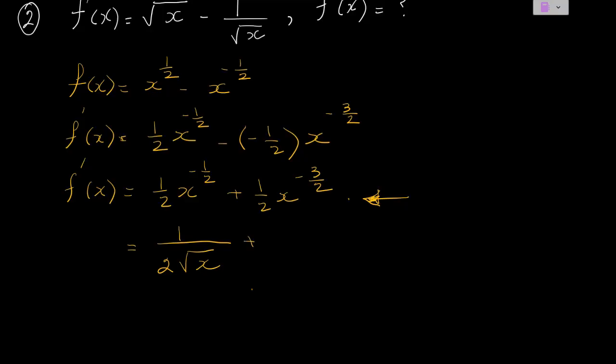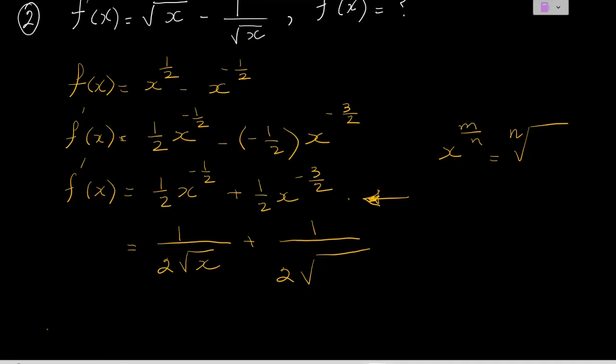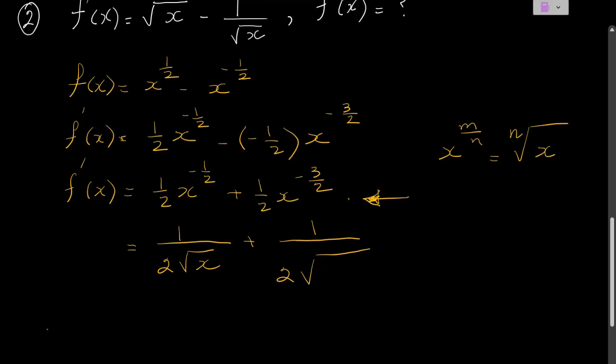Plus, and then we do the same thing, 1 over 2. Now this time you have to remember how exponential form changes into the radical form. n is the root, the index, and then x goes inside, and m is the exponent of the argument inside of the radical, which is called the radicand.